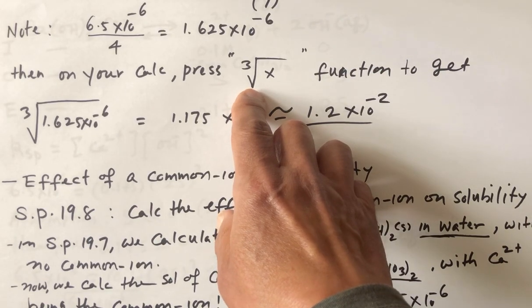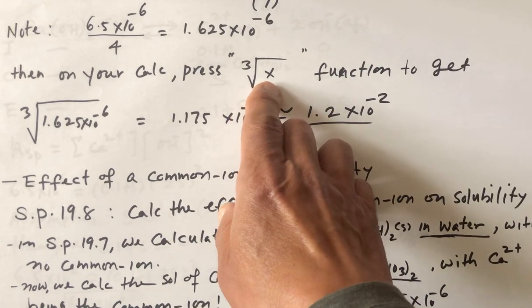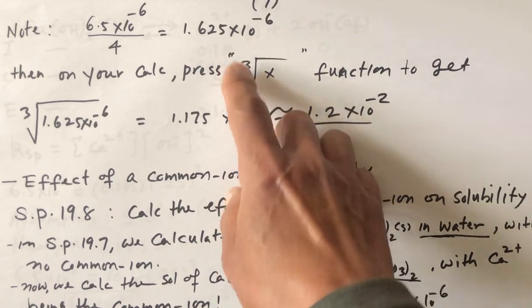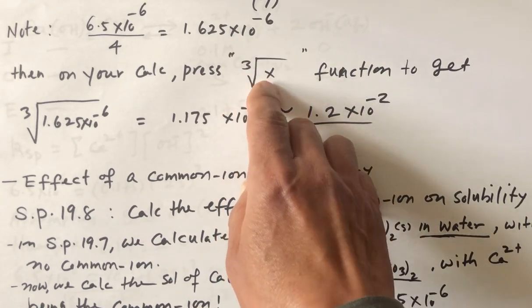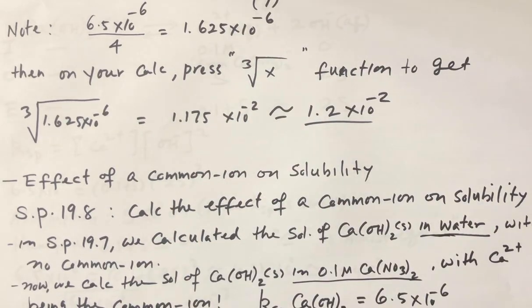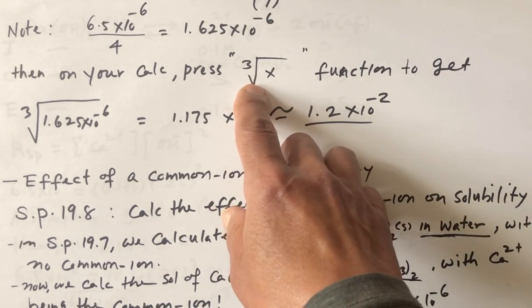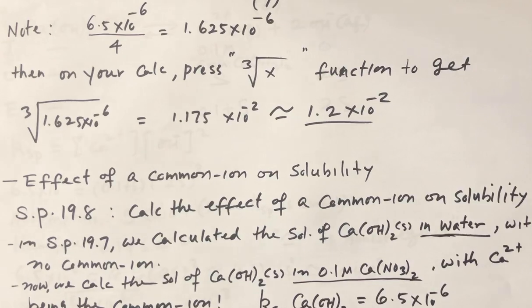There's a function, the cube root of x. Okay, so once you get this number, press this function here, and then that will give you 1.17 times 10 to the negative 2, which is rounded off to 1.2 times 10 to the negative 2. So basically using that function to take the cube root.